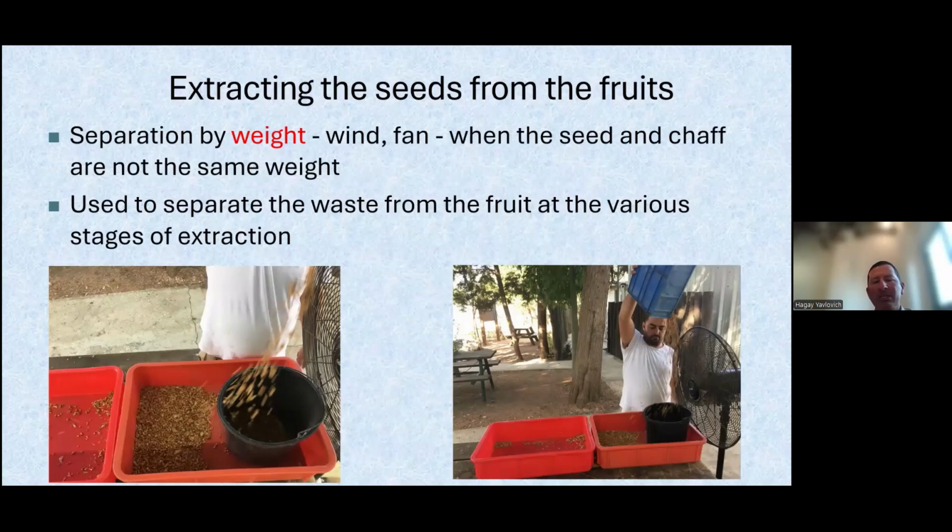You can just throw all the seeds and the chaff in front of a fan, and all the chaff, whose weight is very low, will just fly away, and all the seeds will land very close to the fan.